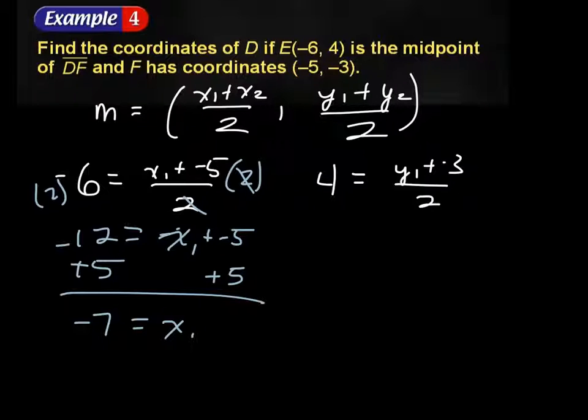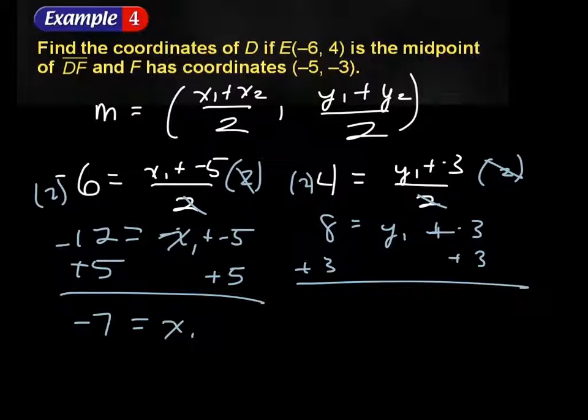Same process over here, multiply by 2. So we have 8 equals y sub 1 plus negative 3. That times 2 divided by 2 just cancel out. We don't have to distribute it to the numerator. And then add 3 to both sides of the equation. And we have 11 equals y sub 1. So our ordered pair is going to be negative 7, 11.